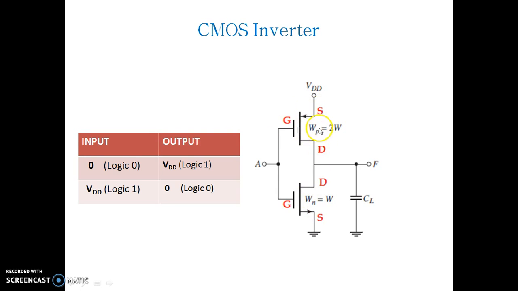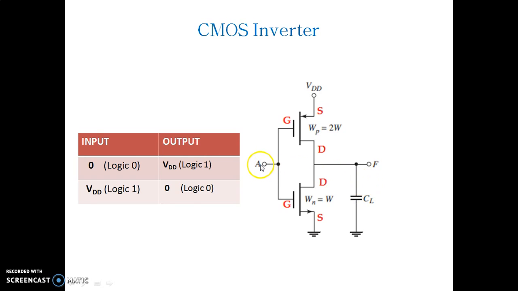Source, gate, drain for PMOS; drain, gate, source for NMOS. Both the drains are connected together and from the common terminal the output is taken. This is a capacitor connected across the load. It will help in deciding the rise and fall time in the output waveform.